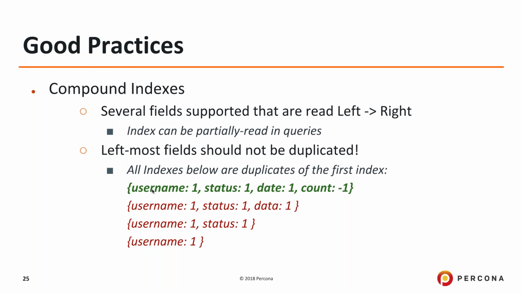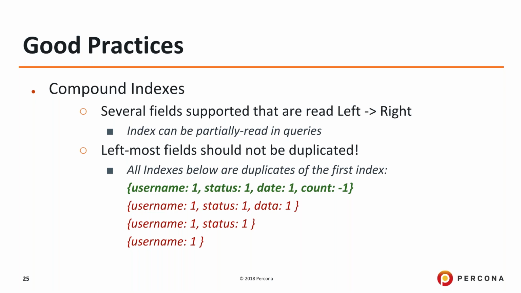What that also means is you can create duplicate or unnecessary indexes. So all of the indexes in red under the green one are, aside from a spelling mistake between date and data, supposed to be the same on this slide. So actually, what I'm about to say is incorrect because of a spelling mistake, but let's pretend the first red line says date instead of data.